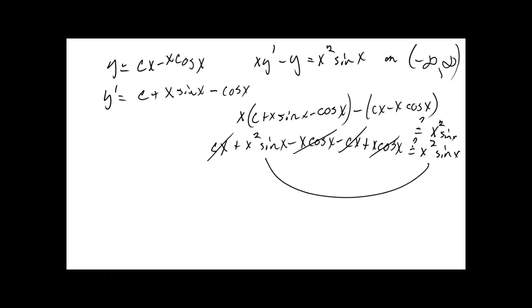The minus x cosine x and plus x cosine x go out. And that merely leaves you x squared sine x is equal to x squared sine x. You verified that this one-parameter system is a solution to that differential equation, an ordinary, linear, ordinary differential equation.